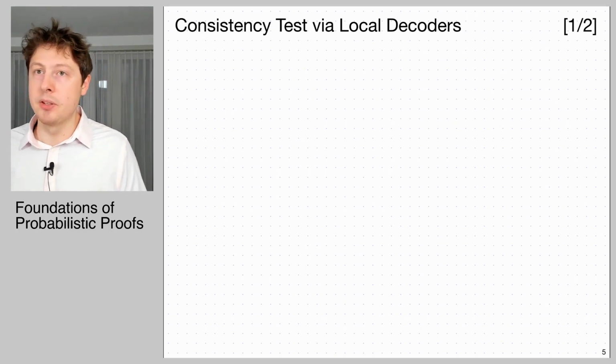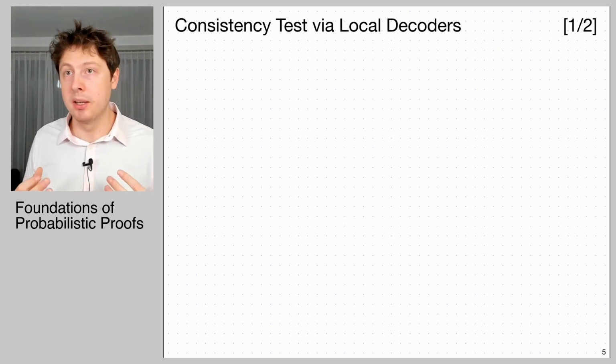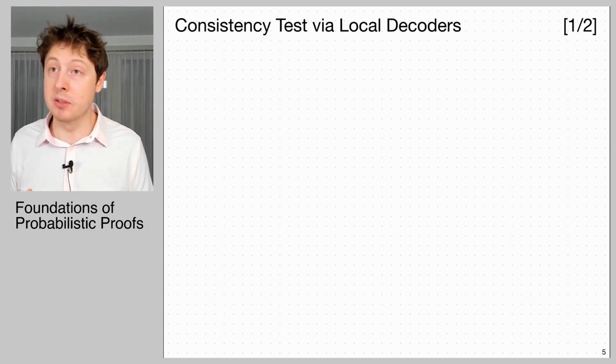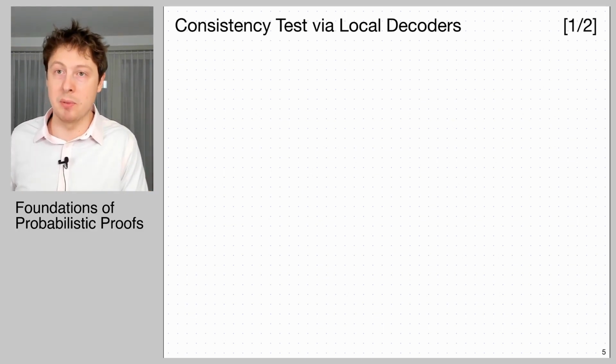So I'm going to give a generic definition of a local decoder, and I'm going to show you how, given a local decoder, we can construct a PCP of proximity for such PCPs. And then we're going to come back and say, okay, we have local decoders for this and that type of encoding, and so that is going to give us PCPs of proximity of the 2 types that I've stated at the beginning of the lecture.